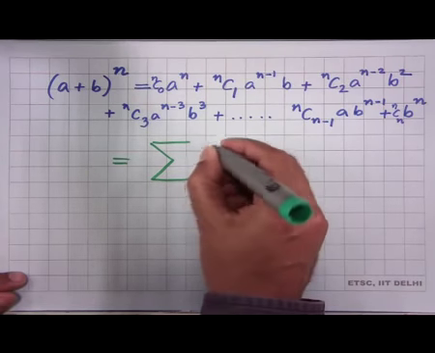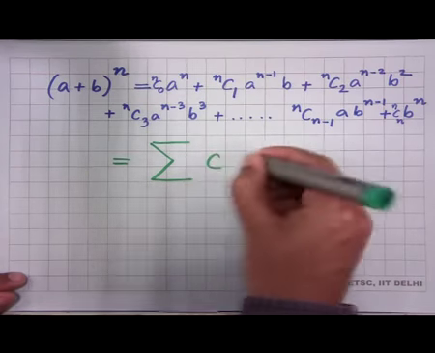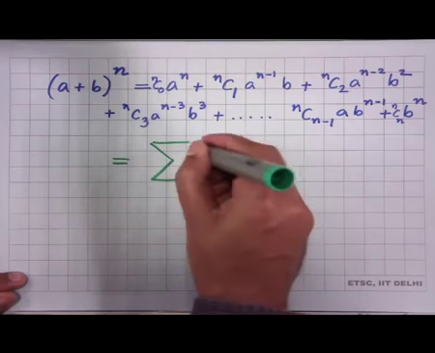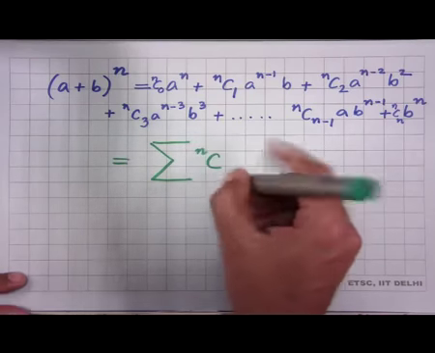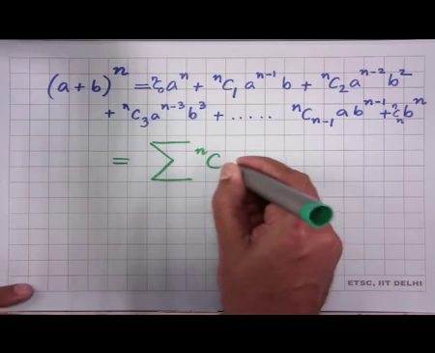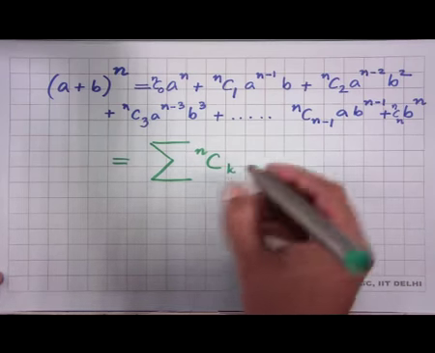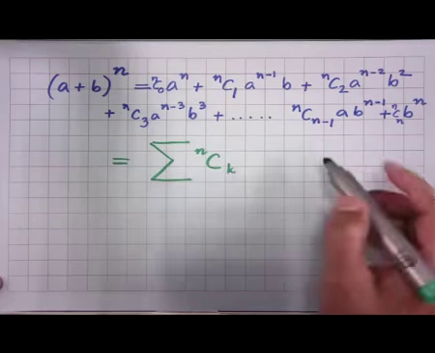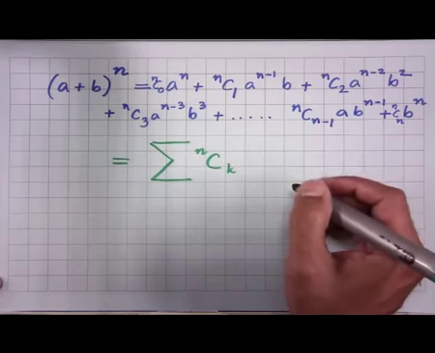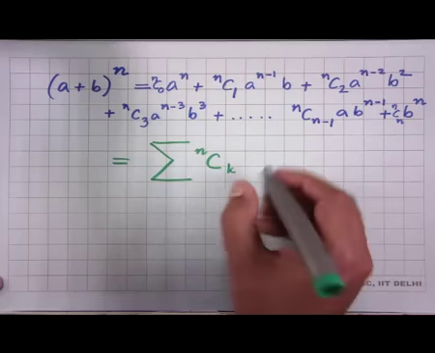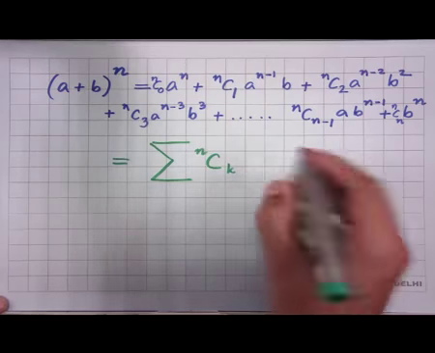You have nC and then something, it could be k, right. Imagine the kth term, actually we are going to use the k, yeah, the kth term is fine.